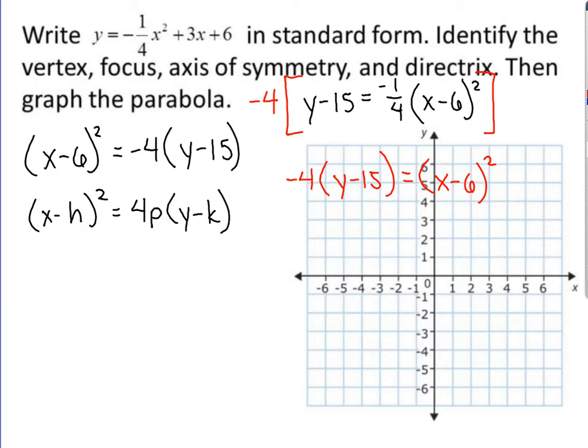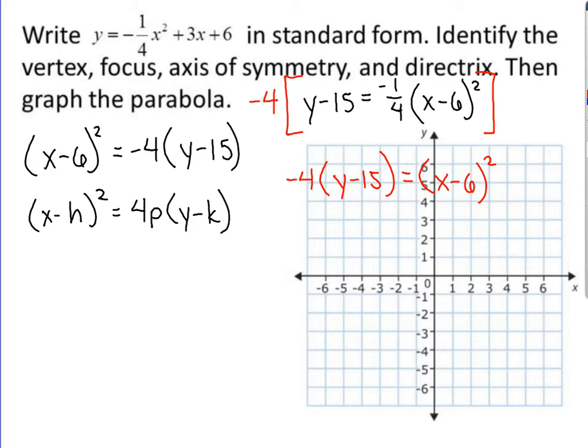Or if we switch the order so that it's in the form that we're used to seeing, this is going to be x minus 6 squared is equal to negative 4 times y minus 15.